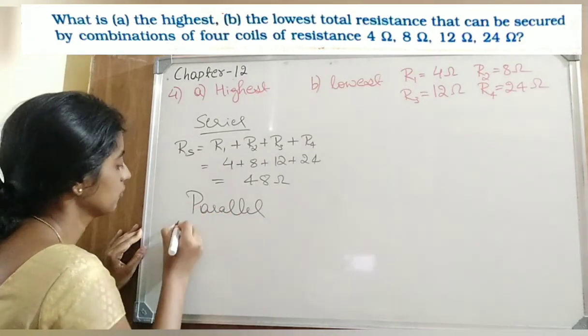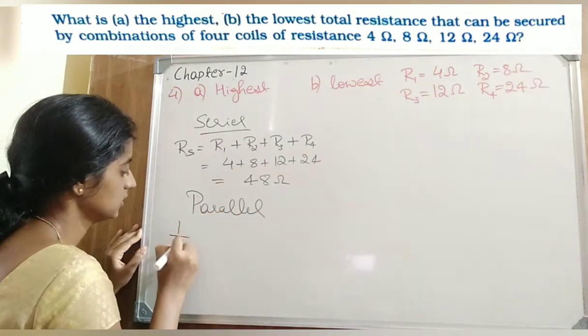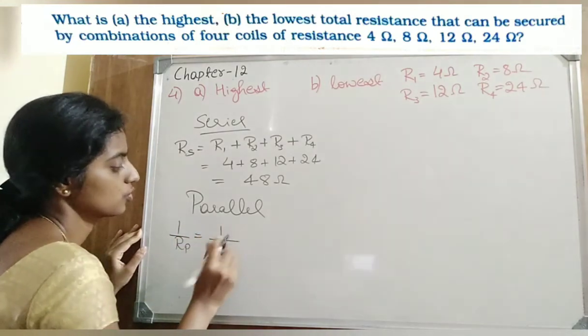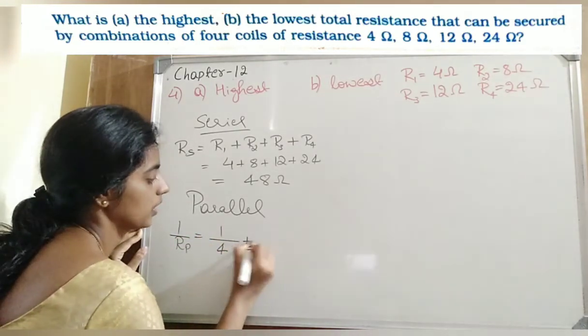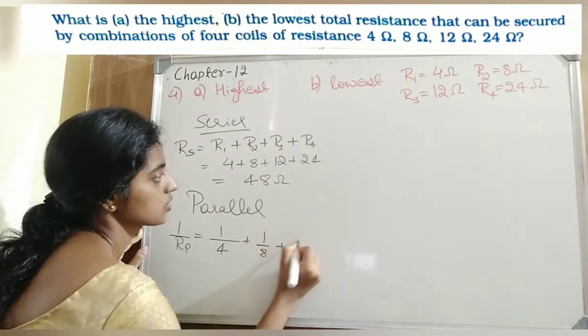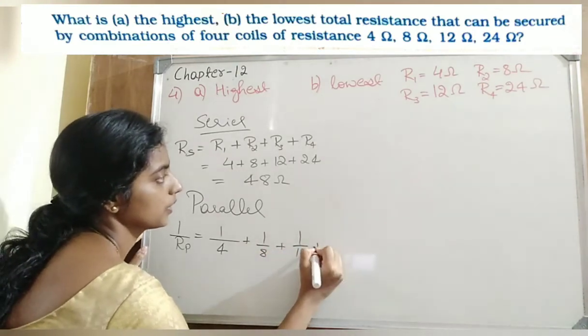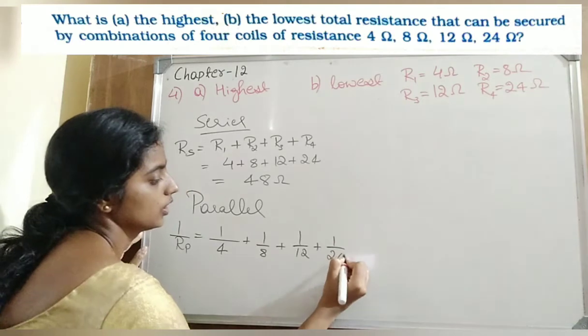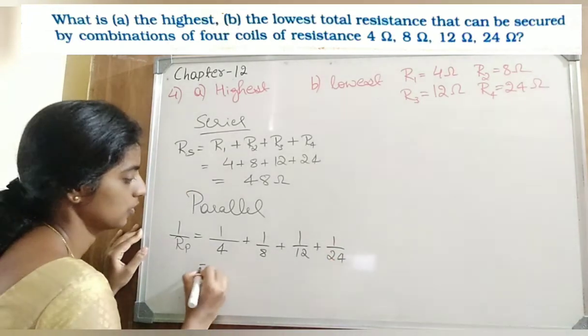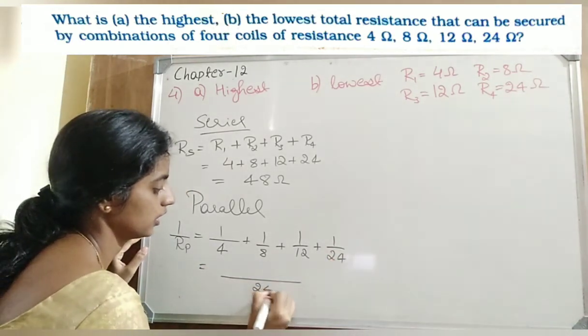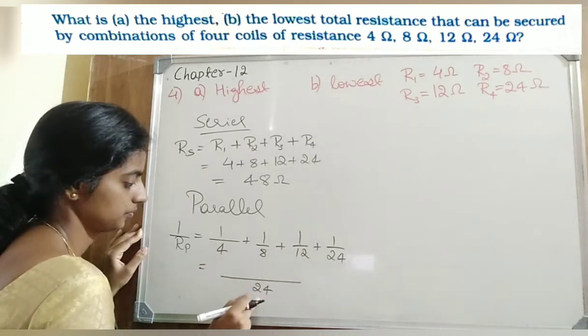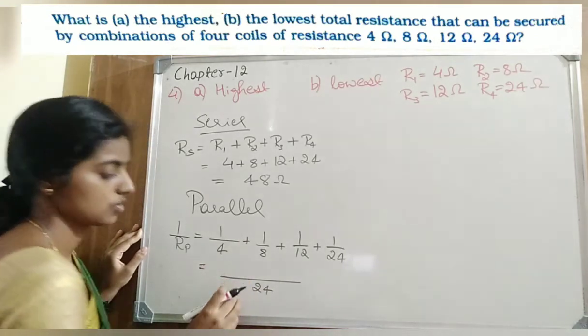So here in parallel we know the formula of parallel. So directly we'll substitute 1 by 4 plus 1 by 8 plus 1 by 12 plus 1 by 24. So we'll take 24 as the common denominator here. So how much will we get?